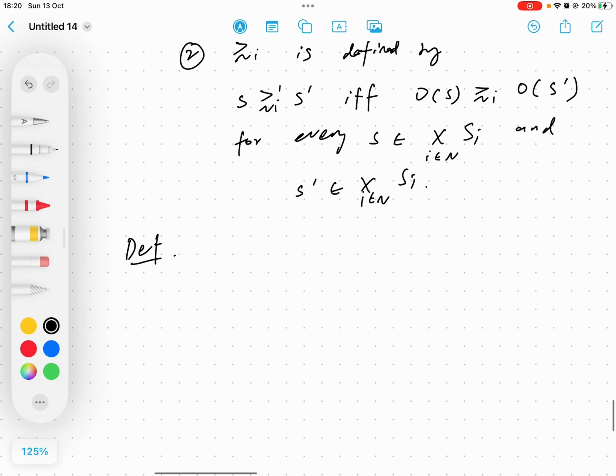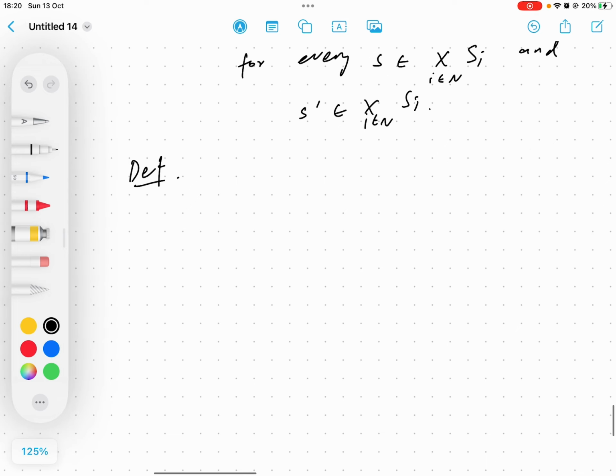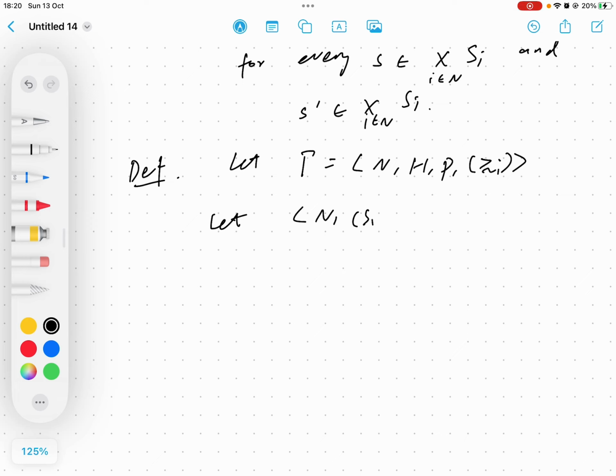And we could also have a reduced strategic form of an extensive game, okay? So now let's have that definition. Let gamma be the previous one, an extensive game with perfect information, and let N, S i, and preference relation prime be its corresponding strategic form, okay?